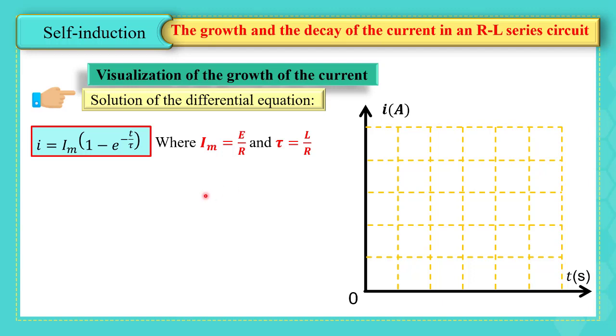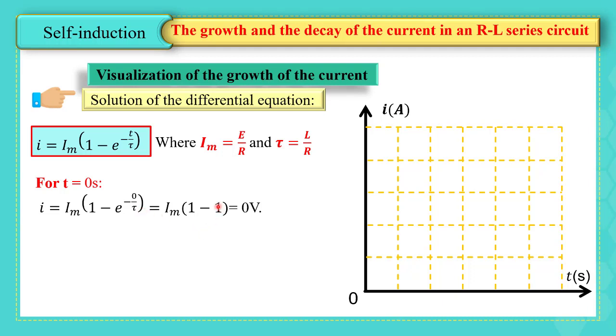Now, in order to verify the shape of the curve, let's take some particular values. For t equals 0, we will have i equal to I maximum times (1 minus exponential to the power minus 0 over tau).